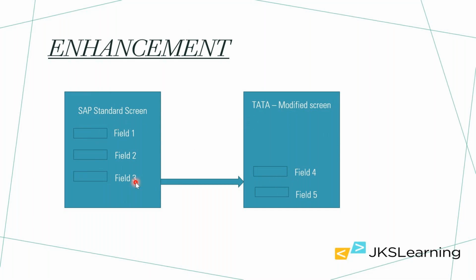So in that case, we find some place in the SAP standard screen, modify it, and add these additional requirements from Tata to the standard screen. This enhancing or modification process we call an enhancement in short. This is one of the important objects, and these requirements are mostly what we get in real-time work.